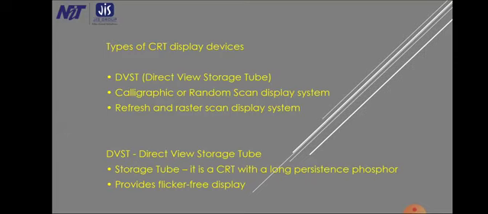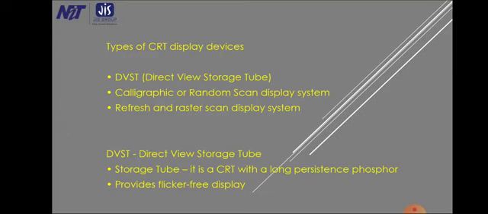We will first look at the very basic and simple one, which is the DVST, or the direct view storage device. The storage tube is a CRT with a long persistence phosphor. We will see what it is. It provides a flicker-free display.